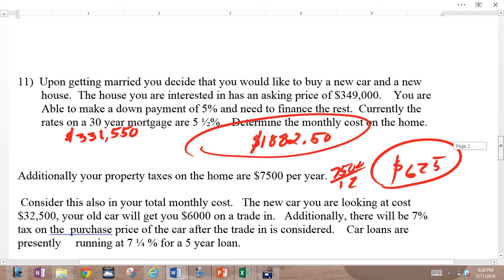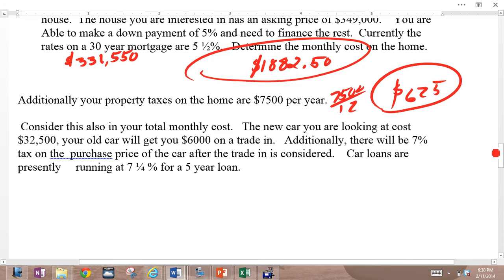Okay, now we're looking at the car. Car is $32,500. Okay, less $6,000 in trade-in. So when you get that, it comes off the price of the car. All right, so it's $26,500, right? So $26,500 now is going to be what you're paying for the car.